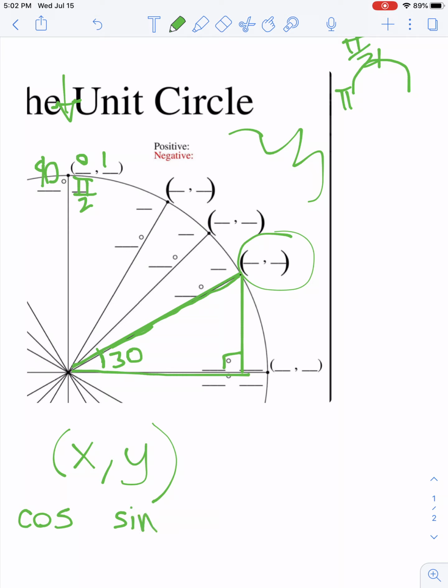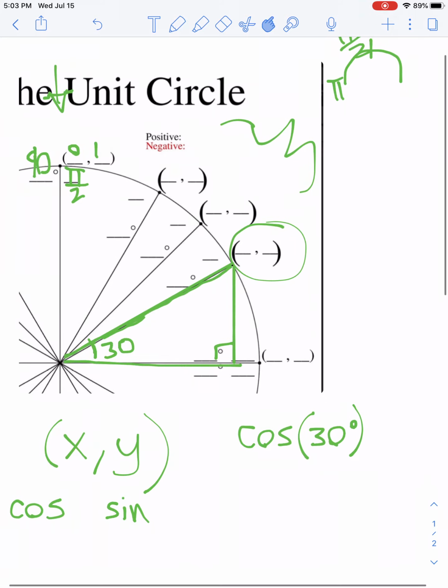So if we wanted to find our x coordinate, we would see what the cosine of our angle is, and our angle is 30 degrees. We would grab our calculator and type in cosine of 30 degrees.